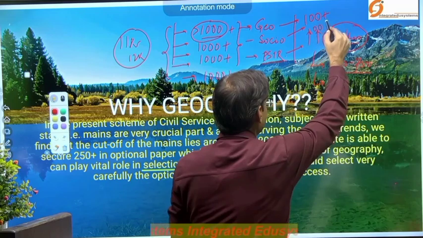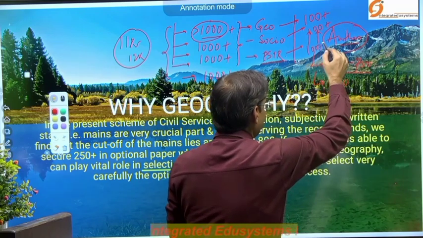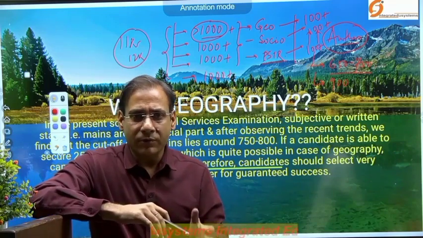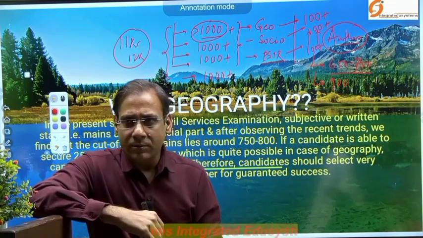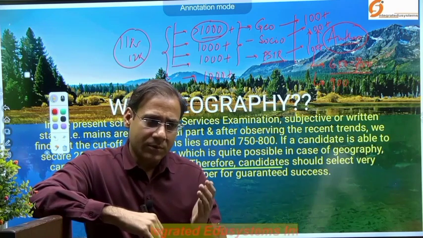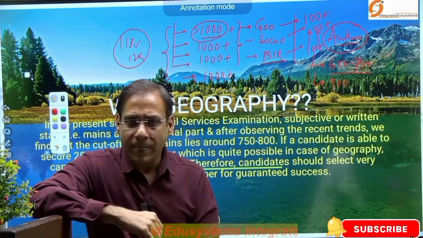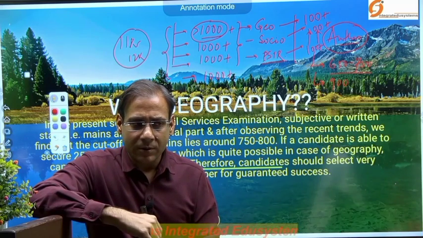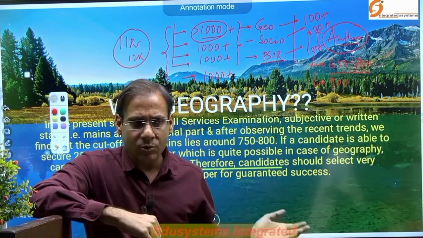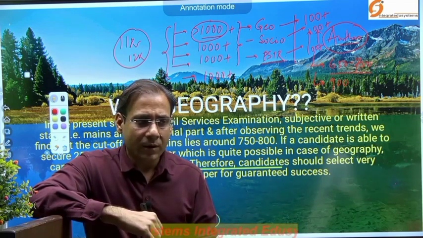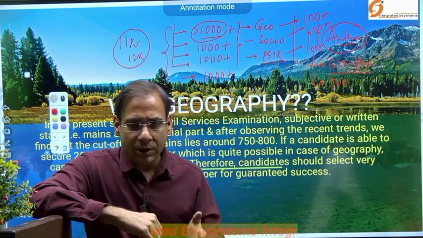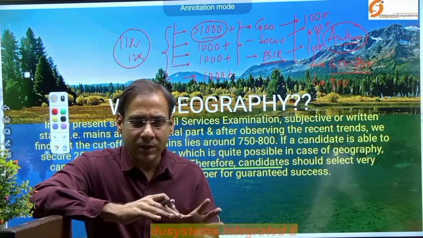Despite the rumor in the market that geography has become tougher and there is a tilt towards sociology, geography is still performing well. More than 100 candidates were selected in 2021. In 2020 and 2019, I am giving you the trend of the past decade, the 10 years.